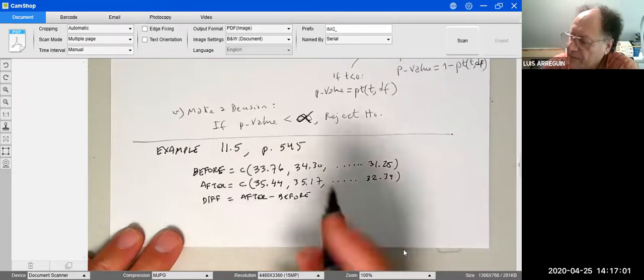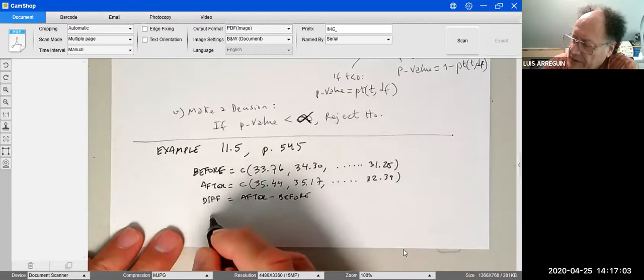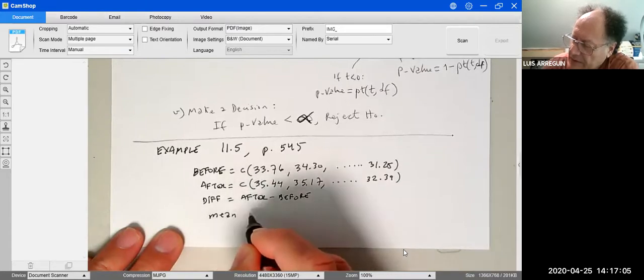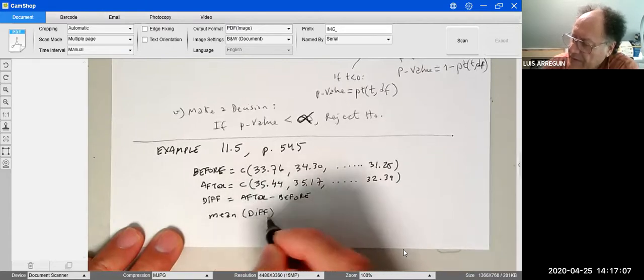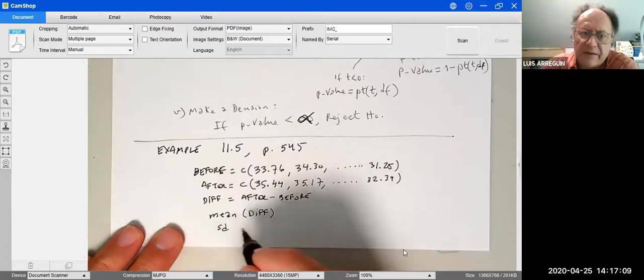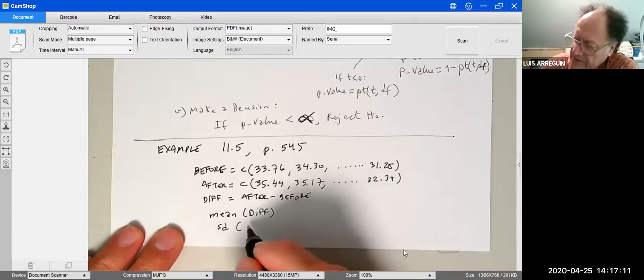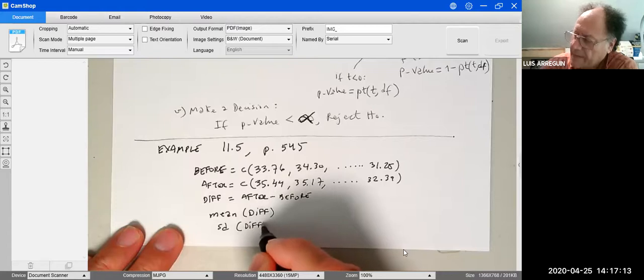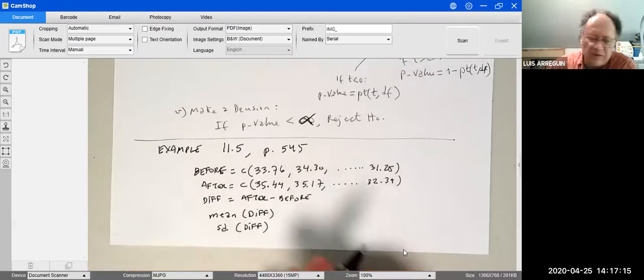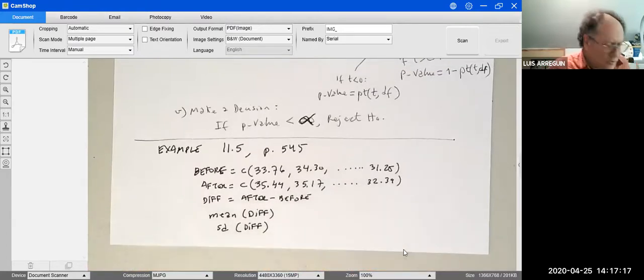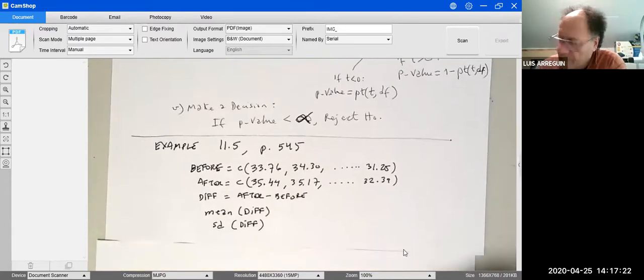Then you just compute the mean and the standard deviation. So the mean is just the mean of the differences. The standard deviation is just SD of the difference. So this is the information that you need to process to solve the problem.